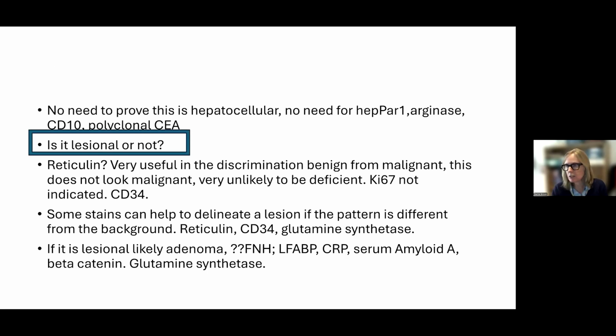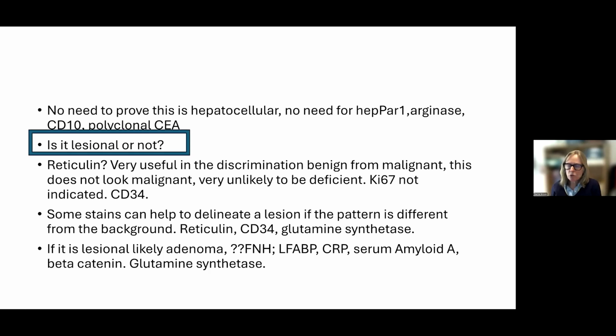So we don't need to use the tissue in this instance with any of these stains that one might use to try and confirm hepatocellular origin. I think we'd all be confident that this is hepatocellular tissue. I think the really difficult question in this case is, is it lesional or not? This is the hard question to answer here.